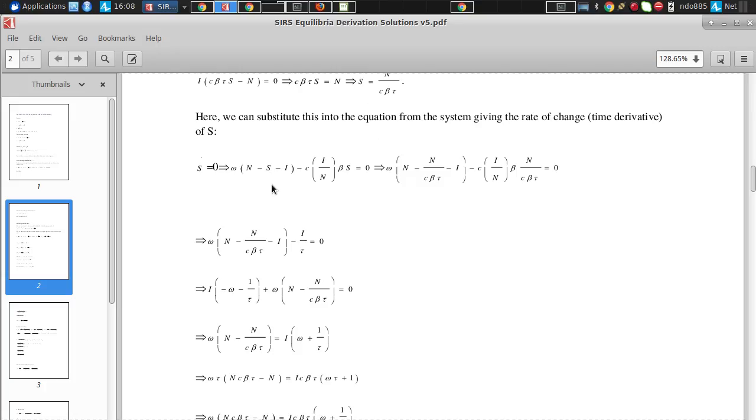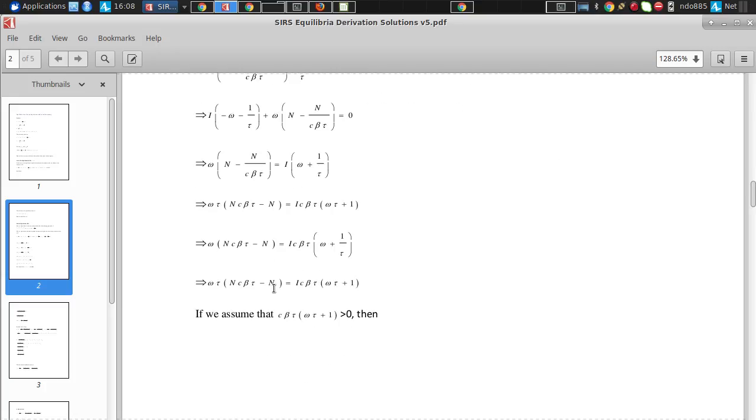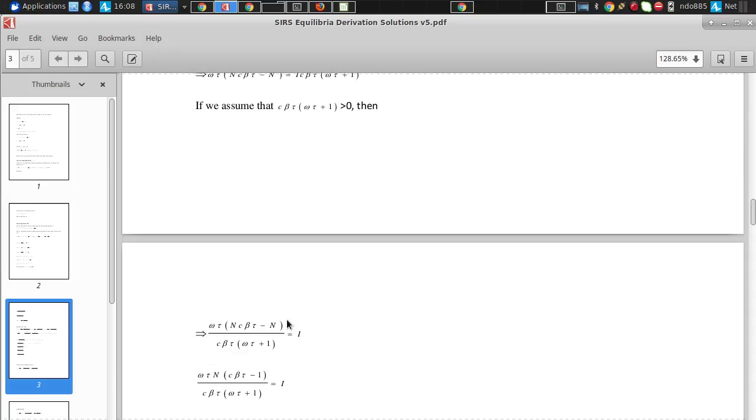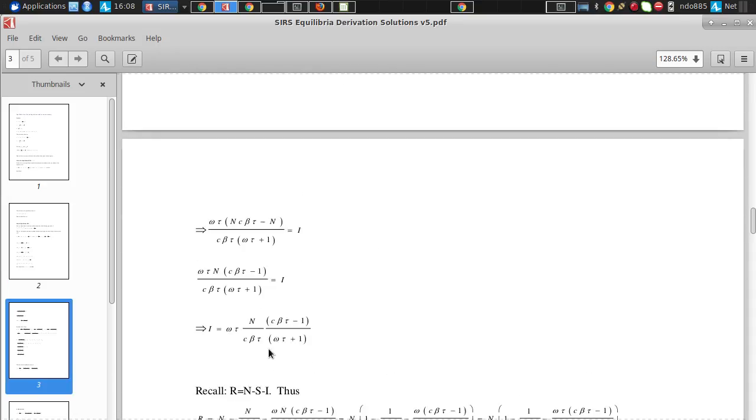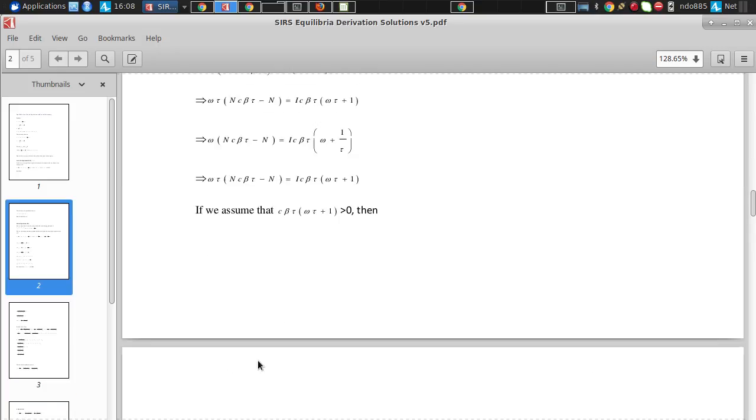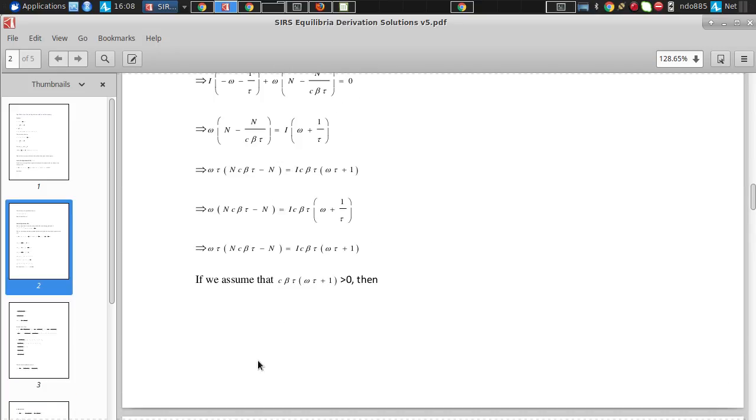Notice we already have S, so we could just substitute in right there for S, and right here for S. And we do some algebra, and basically we get this guy then, here I dot equals that.